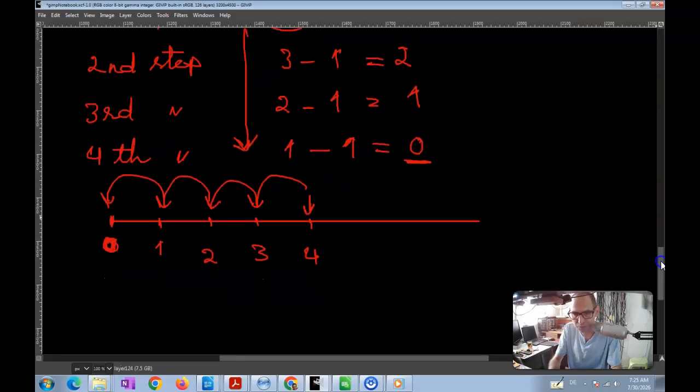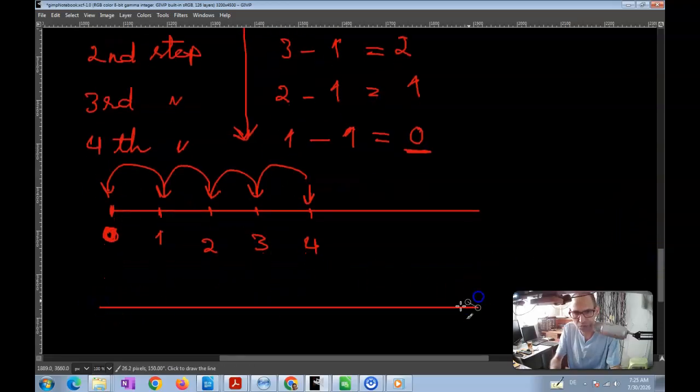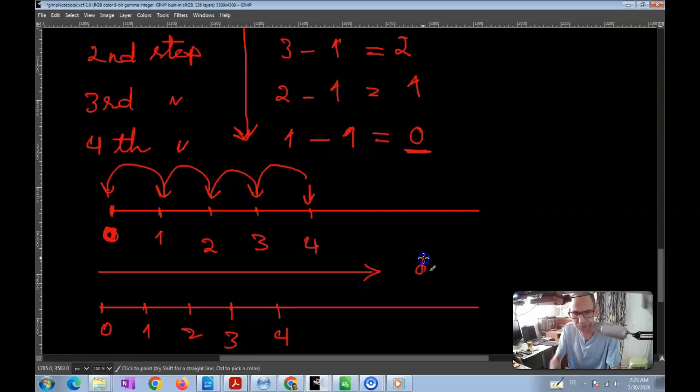Now for addition, on the same number line, if you start from 0, 1, 2, 3, and 4, you start from 0 and then you move towards the right. This is for addition. So you start from 0, you move to 1, every time adding 1, you move to 3, you move to 4.